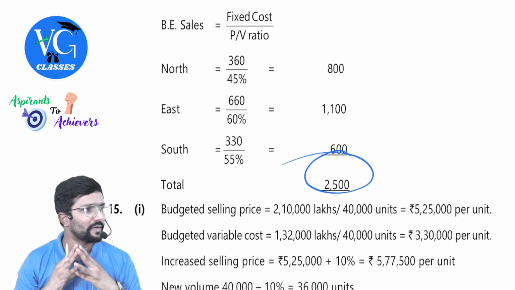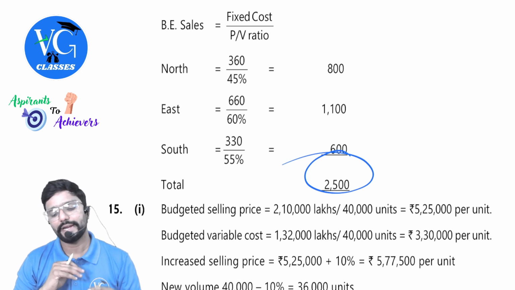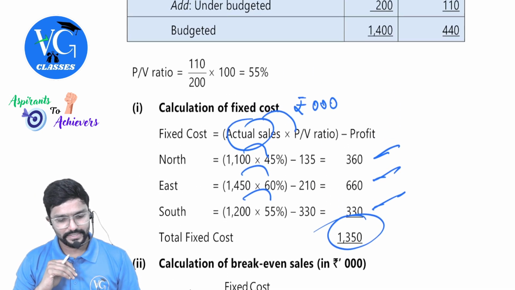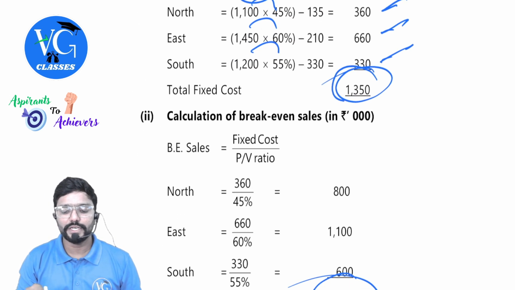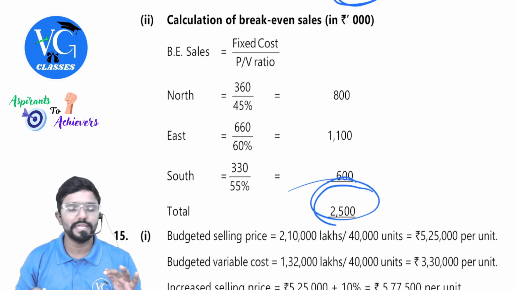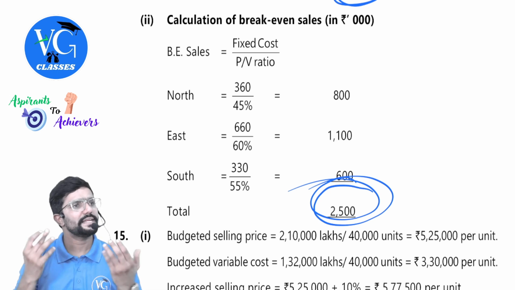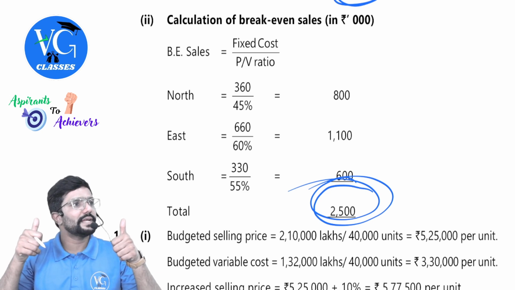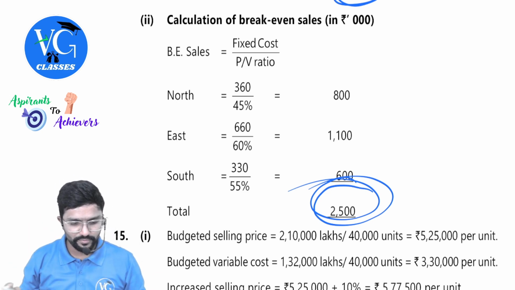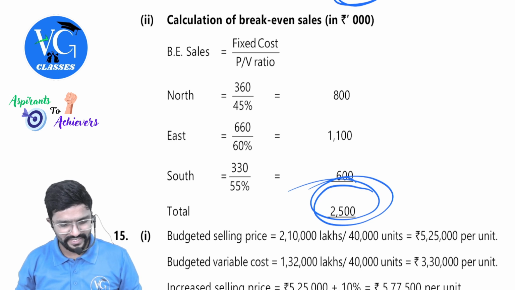They have asked that also. Total fixed cost, 1350. Total break-even sales, 2500. Individually also we are done, zone-wise. Fine now? Chalo. Question number 40. We'll just finish it, guys.